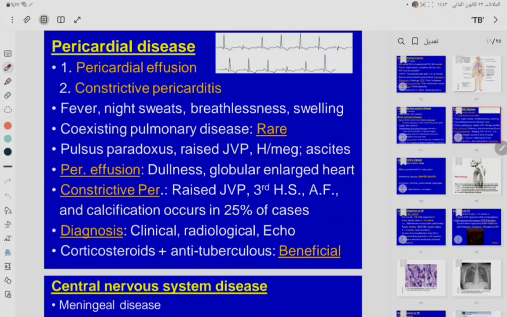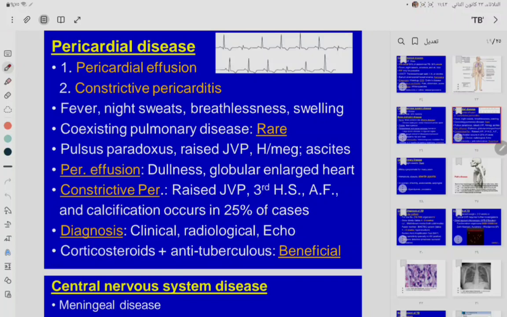That suggests constrictive pericarditis, where the heart can't diastole well. They have pulsus paradoxus, raised JVP, and ascites because of right-sided involvement. Raised JVP, third heart sound, atrial fibrillation, calcification in 25%, which you sometimes see in the CT.